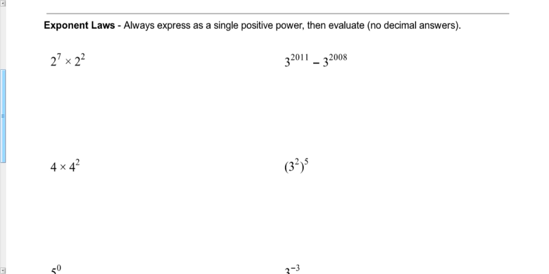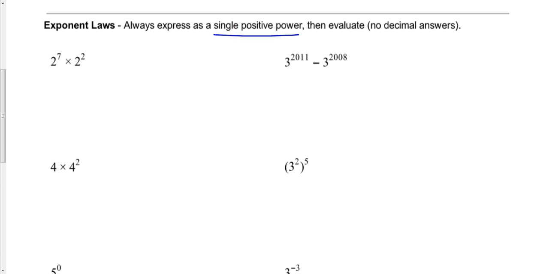In this instance, we always want to express as a single positive power and then evaluate. That means actually solve it. What's the final answer? And in fractions, not in decimals. So in this case, we've got 2 to the exponent 7 times 2 to the exponent 2.